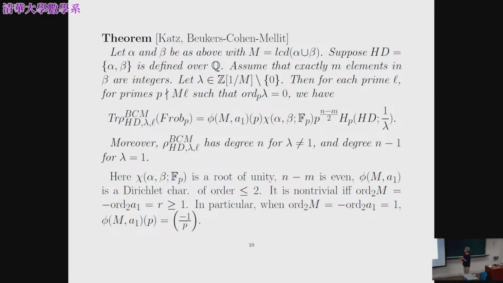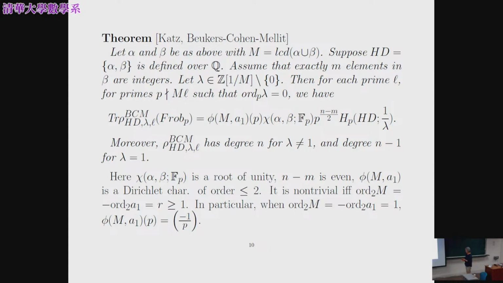This hypergeometric character sum itself is a rational number, and in this case we need to multiply by a power of p to make it an integer, and the m here is the number of integers which show up in the second datum beta. And in front of this are the signs, plus or minus ones. Basically we could just say that the BCM representation has Frobenius trace at Frobenius P given by the hypergeometric function.